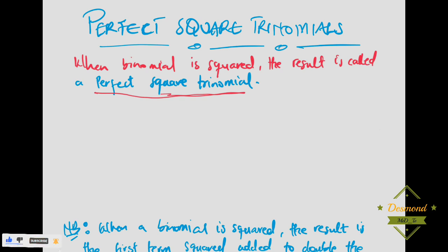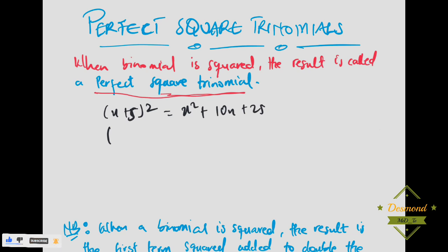But let's look at some of these trinomials. Let's say we have x plus 5 squared. When we square this, what are we going to get? We should get x squared plus 10x plus 25. Let's take another one.